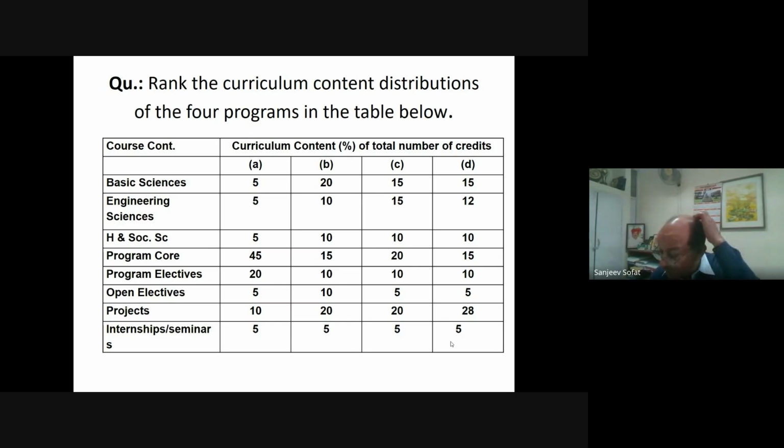If I teach all core, I will not be able to cover some courses of economics, management, or sociology. I'm not saying this is a wrong philosophy, but this is another philosophy, whether every core has to be taught to the students or not. This is a hotly debated issue these days.